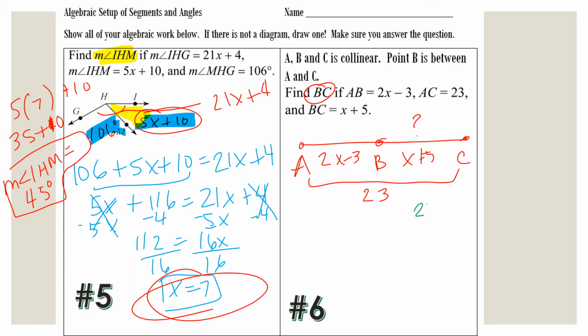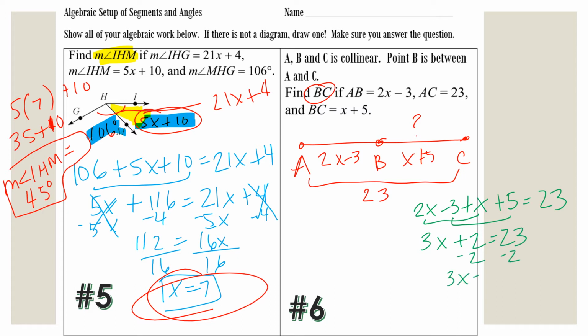So we know that the whole thing is 23, and if we add the pieces, AB plus BC, which is x plus 5, it will equal 23. So then you combine like terms, so 2x and x is 3x, negative 3 and positive 5 is a positive 2. And then I'd want to subtract 2 from both sides.